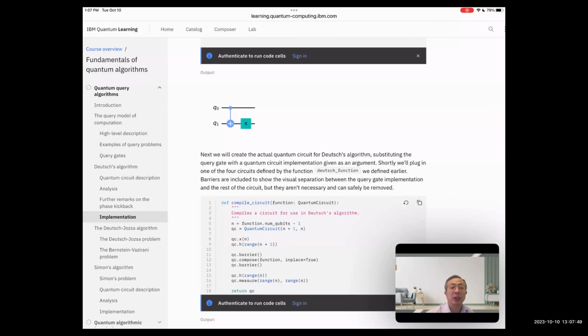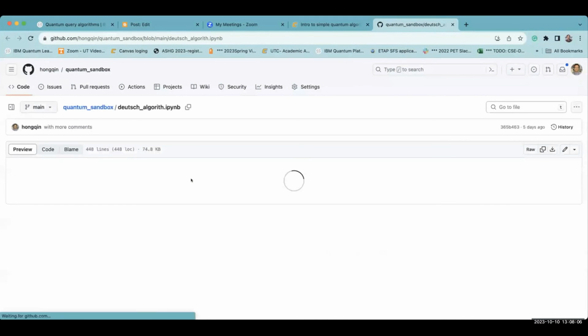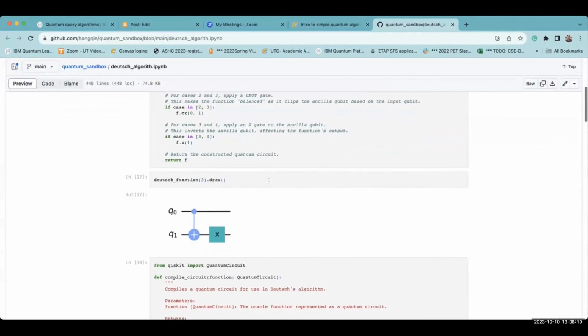Let me go to Canvas, see whether I have this one. Yeah, so in the Canvas class site, I put my code there, the Deutsch algorithm. Do you see that? Yes.